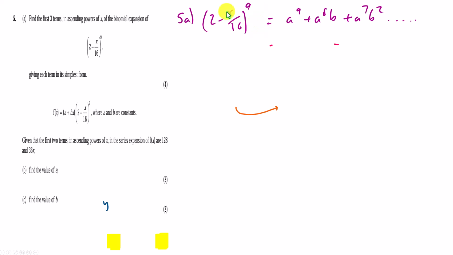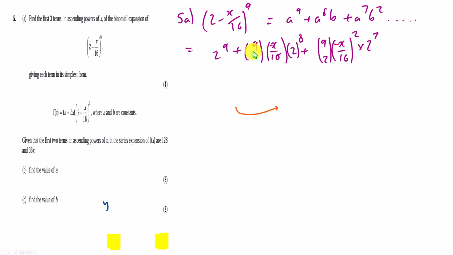We know we start off with this is your A, that's your B. That's what the pattern will look like. We can use the choose function to work that out, substitute our A and B terms in. This gives us our coefficients to start off with. That is 9, 0, so that coefficient is 1 anyway.